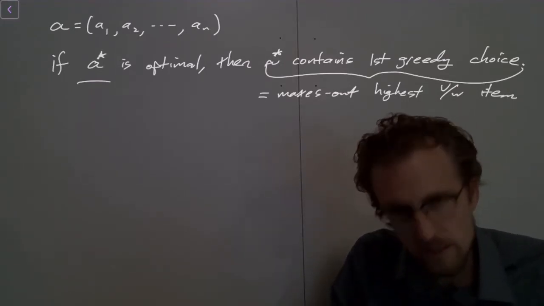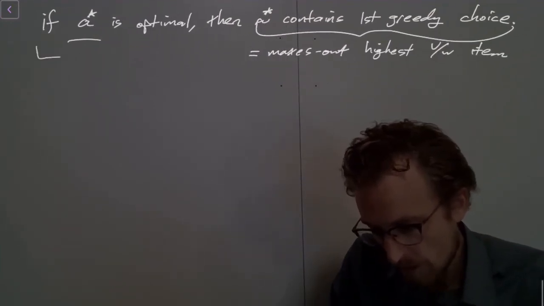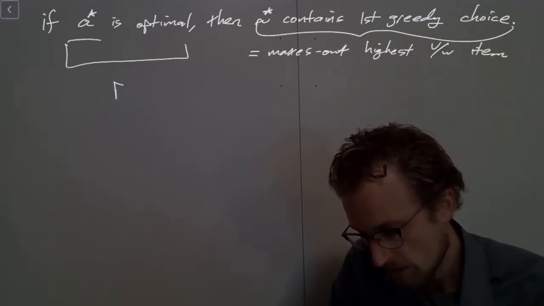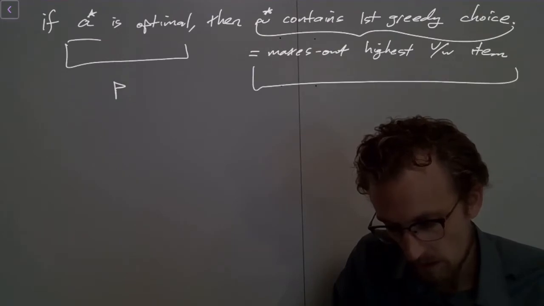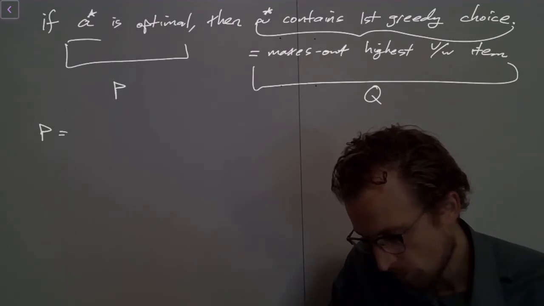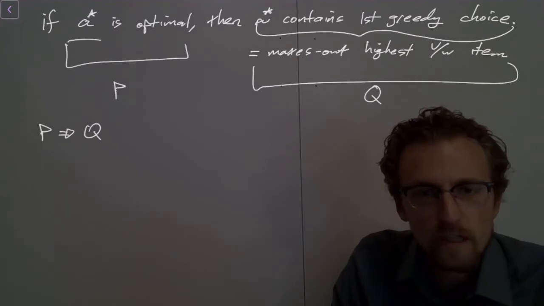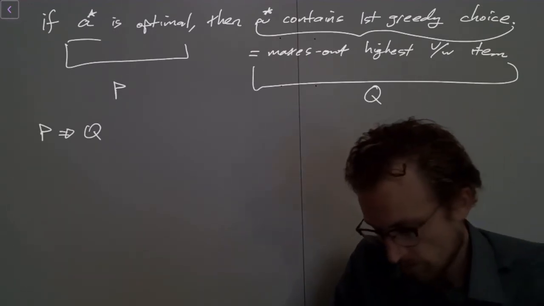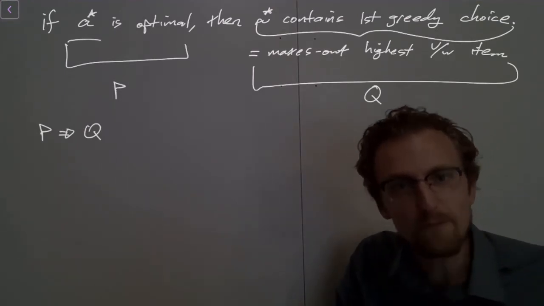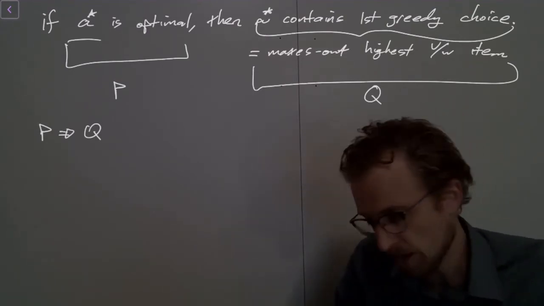Notice this is an implication. Let's call this piece P, and this piece Q. What we want to prove is that P implies Q. Instead of proving that, we're going to prove the contrapositive. If you don't know what contrapositive is, pause the video and go look it up. You have to know what contrapositive means, but I'm going to trust that from here on out you do.